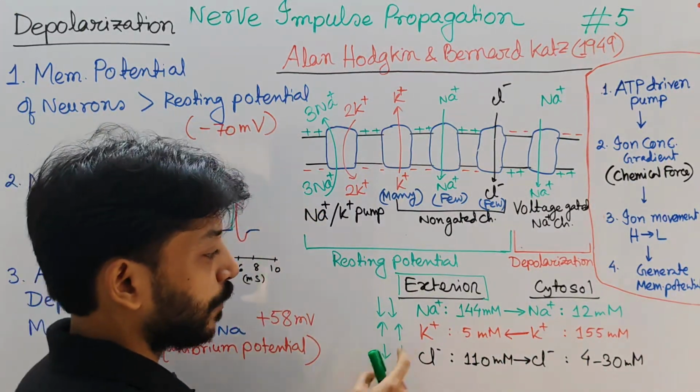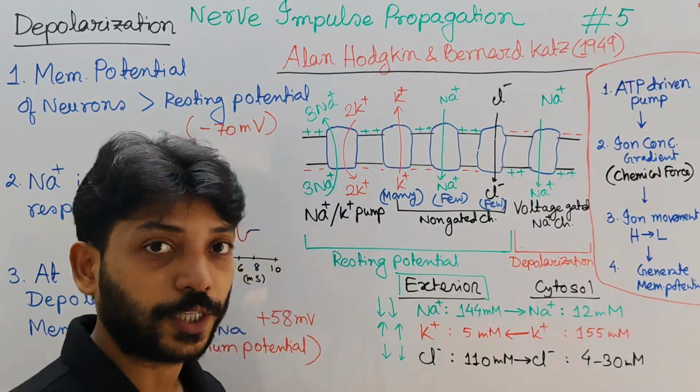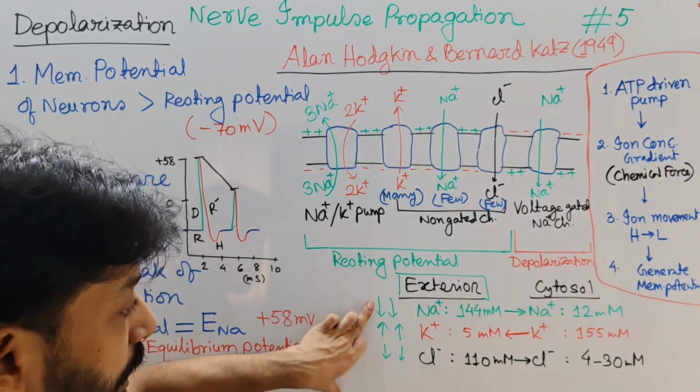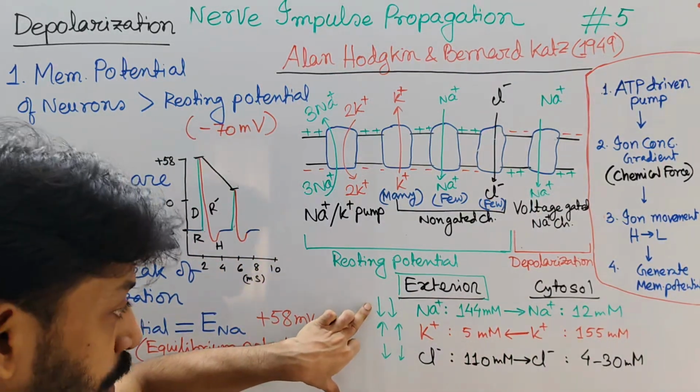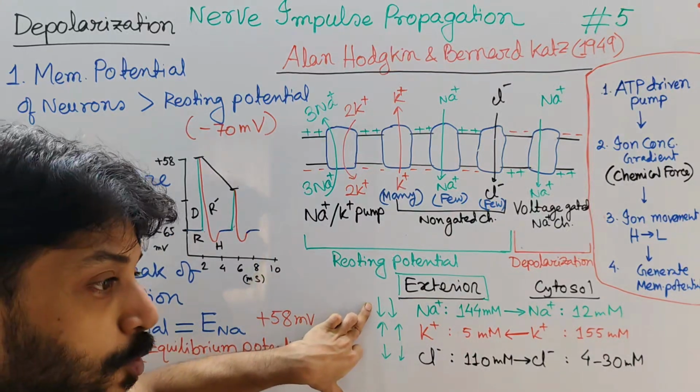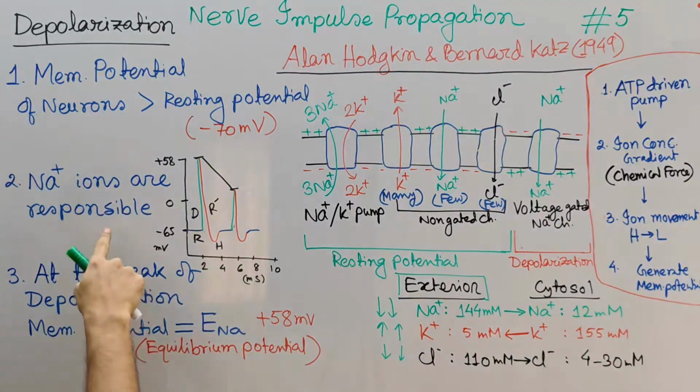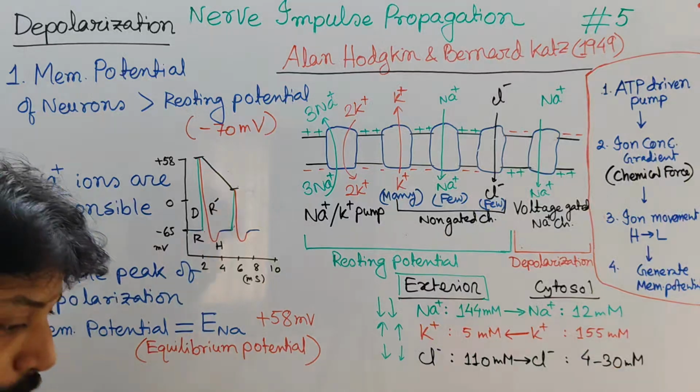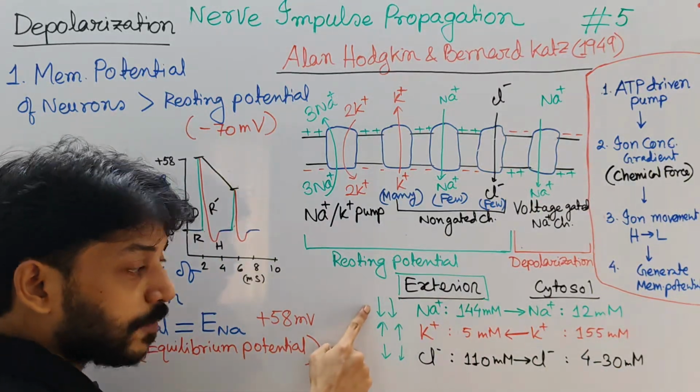That means potassium is responsible for resting membrane potential. But when they lowered the sodium concentration, they found it reflected in the depolarization potential. That means sodium ion is responsible.